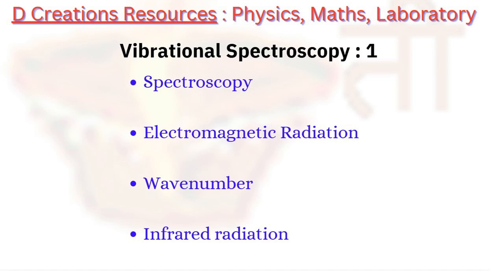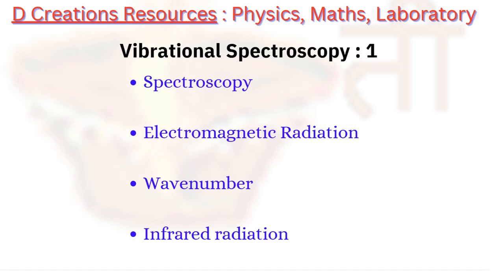Then of course comes our infrared region. Here the energy changes involve transitions between the vibrational levels of molecules, and the technique associated is of course vibrational spectroscopy. Apart from that, you have the visible and ultraviolet region, where the energy changes involve valence electrons of molecules, and the technique is electronic spectroscopy.